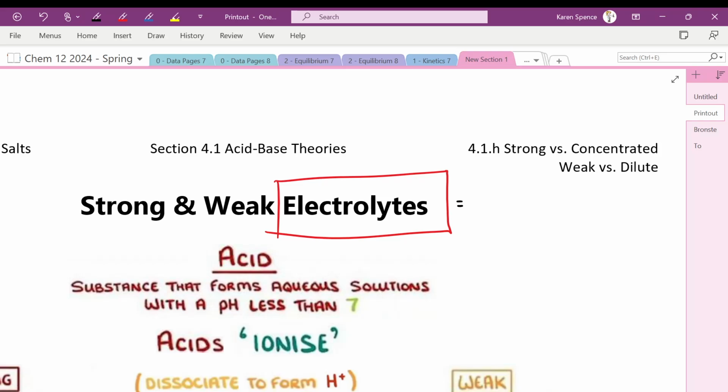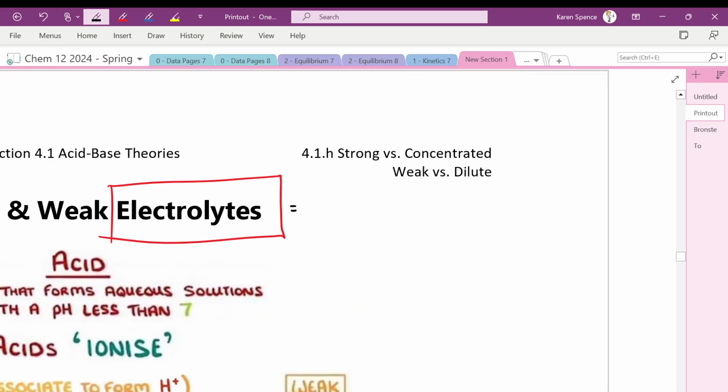Okay. What is an electrolyte? You know what? I'm just going to tell you because we need to get through this. An electrolyte is a substance that does what? Conducts electricity.